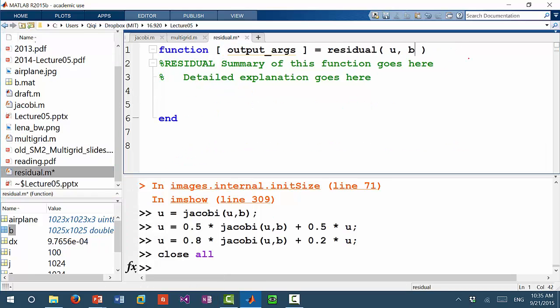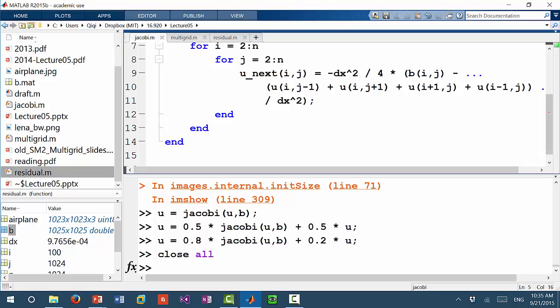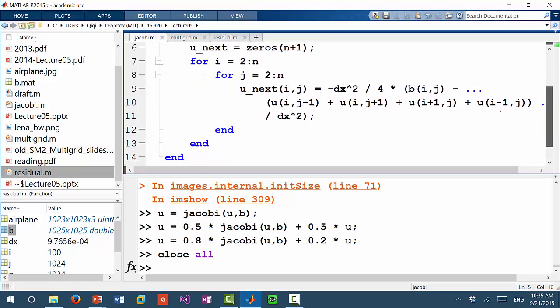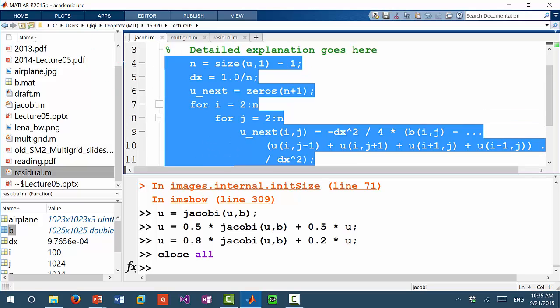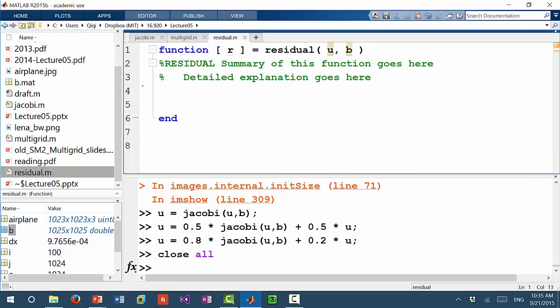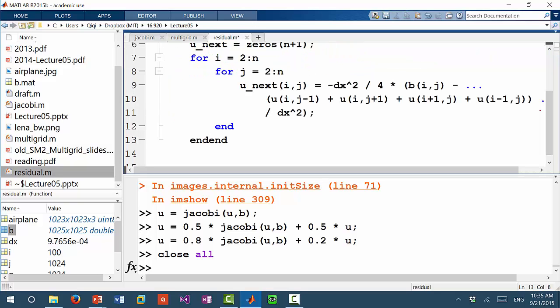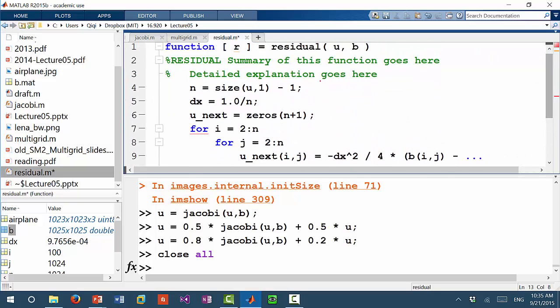Let's also do U and B. And R is equal to this. And because the residual computation is very similar to the Jacobi iteration, I'm just going to copy some stuff in the Jacobi iteration and paste it here, and then start to modify from that.